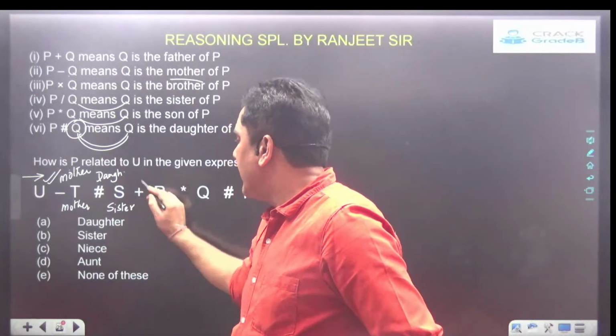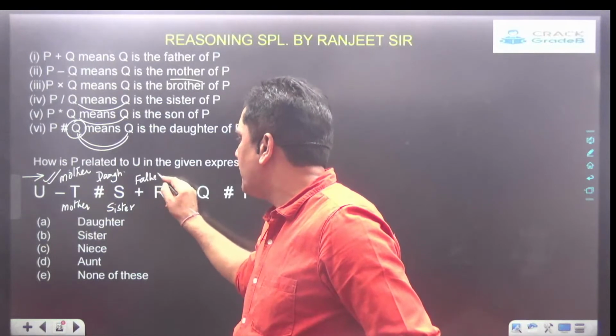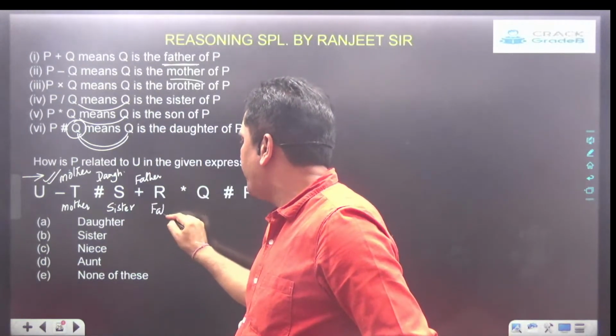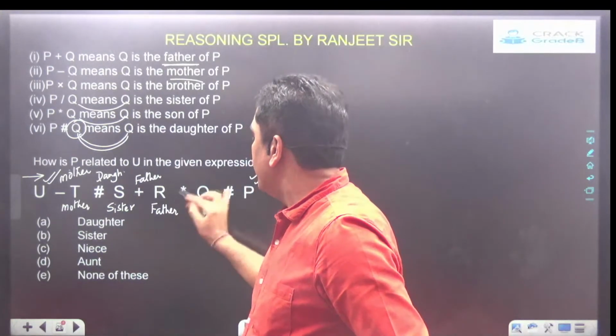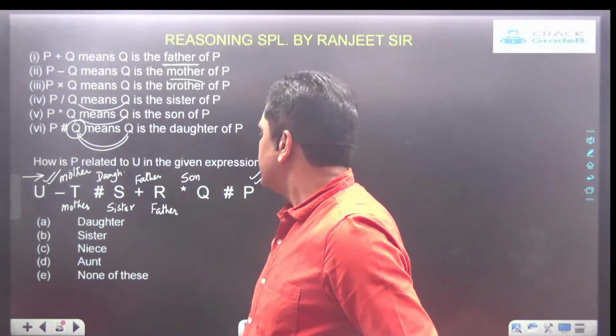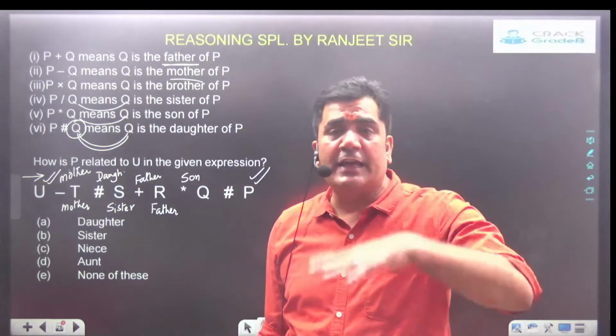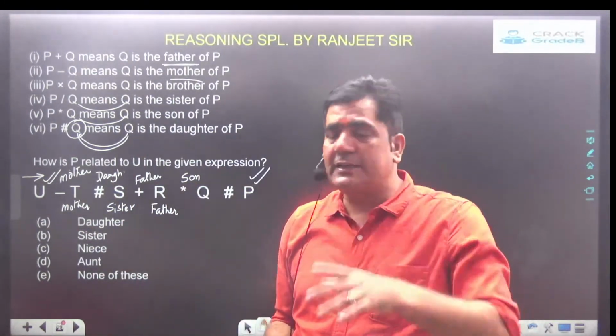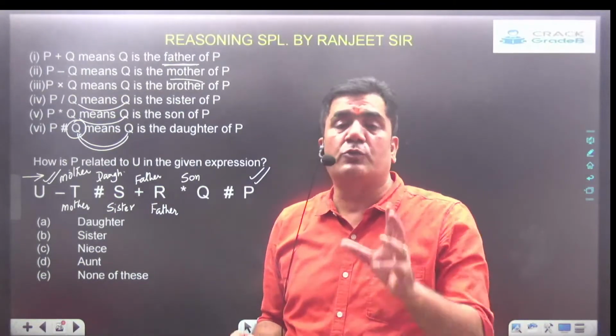Next one, my sister's father, plus stands for father. So my sister's father is nothing but my father. Next one, my father's son. My father's son can be either me or my brother. So whom should I take?